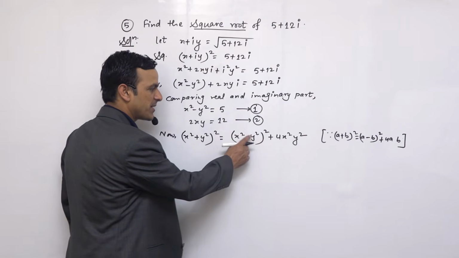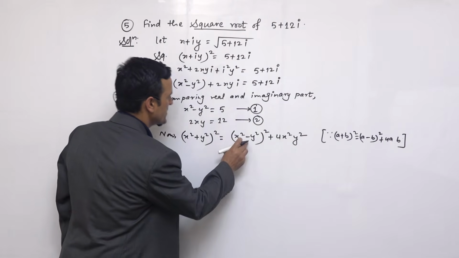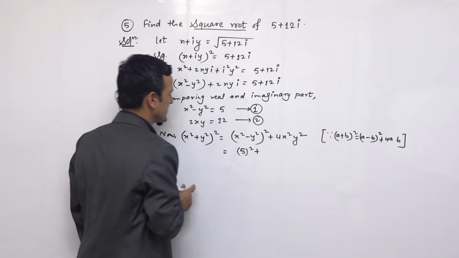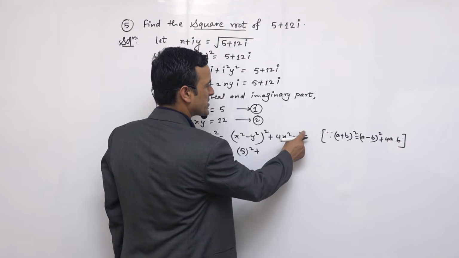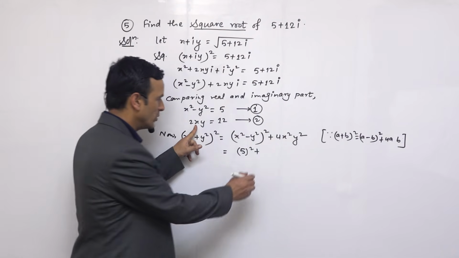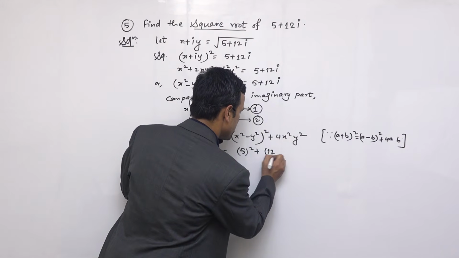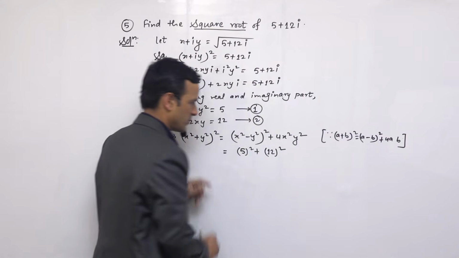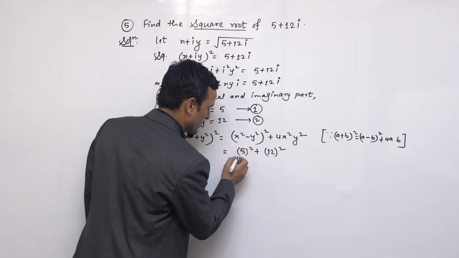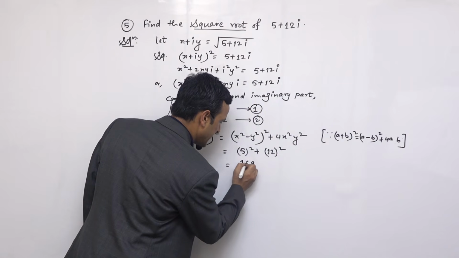A means x square, b means y square. So substituting the values over here, 5 square plus 4x square y square, which means (2xy) whole square. So (2xy) whole square means 12 square. Now 25 plus 144 means 169.